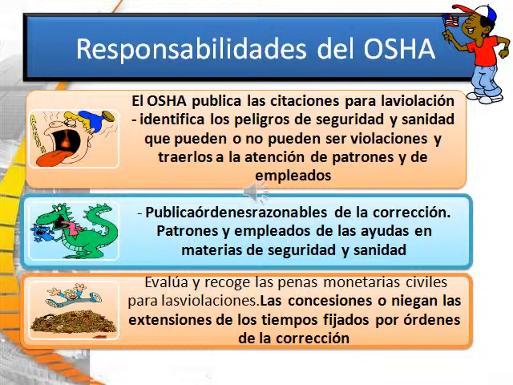It will identify safety and health hazards which may or may not be violations and bring them to the attention of employers and employees. It issues reasonable correction orders, assists employers and employees in safety and health matters, assesses and collects civil monetary penalties for violations, and grants or denies extensions of the time set by correction orders.